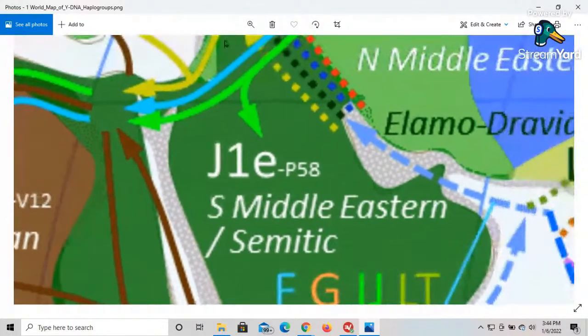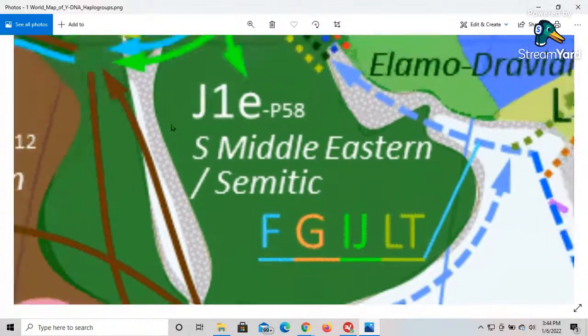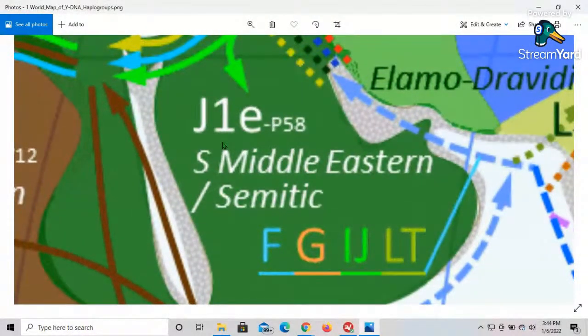So, and then there's J1 can be either Arabic or it could be Levite too, because the Aaronic Y chromosome is a J1. So that's another given, basically. So we know that's Semitic.